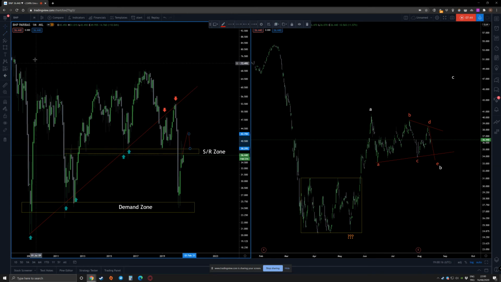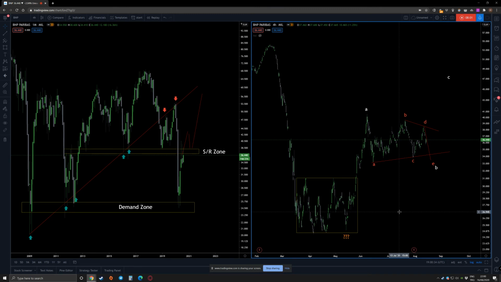Okay, so retest of this support zone, and then we should be clear. So that plan would be in the ideal world, of course, but you know this is never the ideal world.